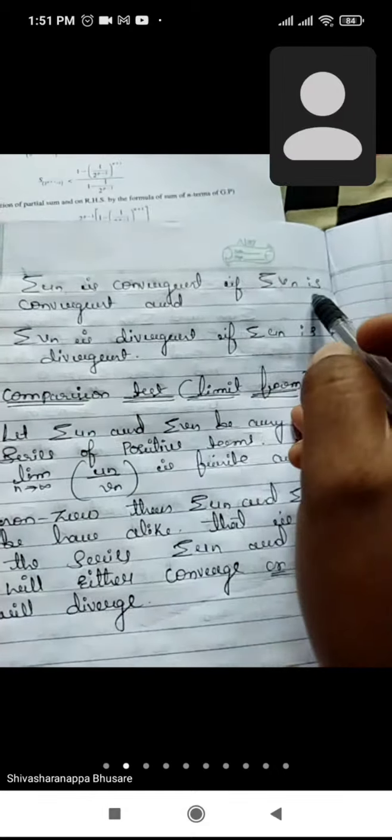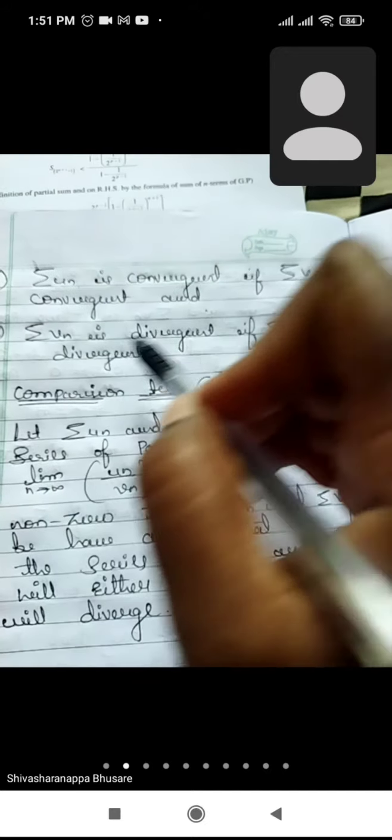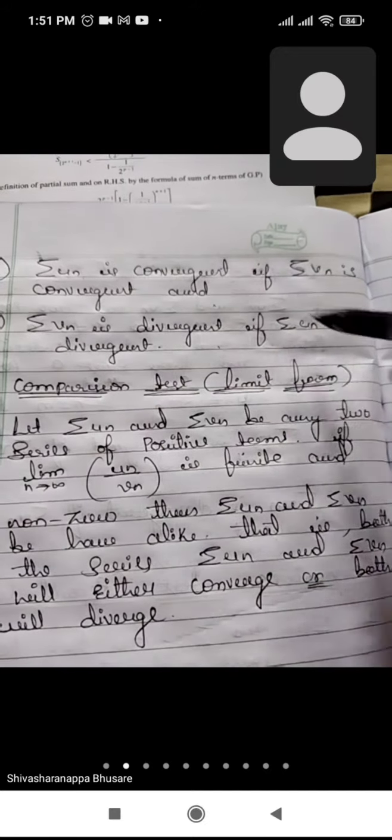If this is the condition or criteria, we can directly write our conclusions. Similar to the previous one, if un is convergent, then vn is also convergent, and if vn is divergent, then un is also divergent. So here we have two types of conditions.